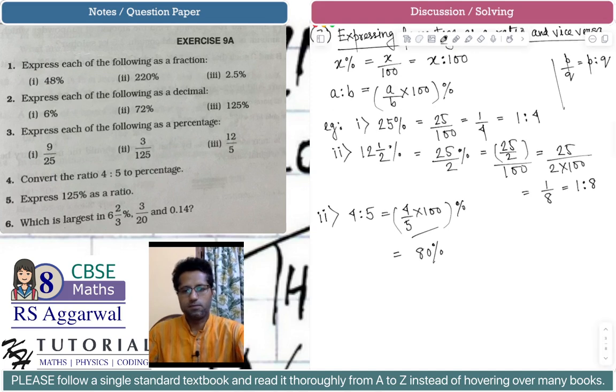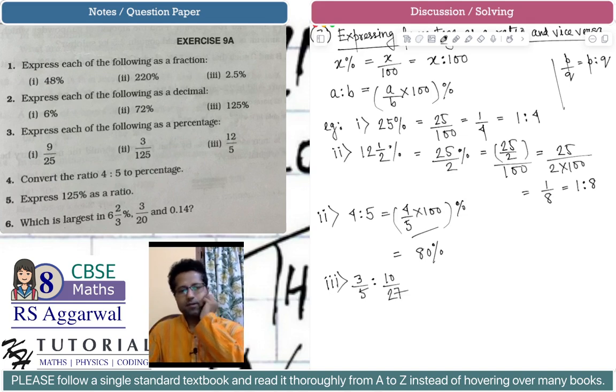Let's take another example. Let's say 3 by 5 is to 10 by 27.